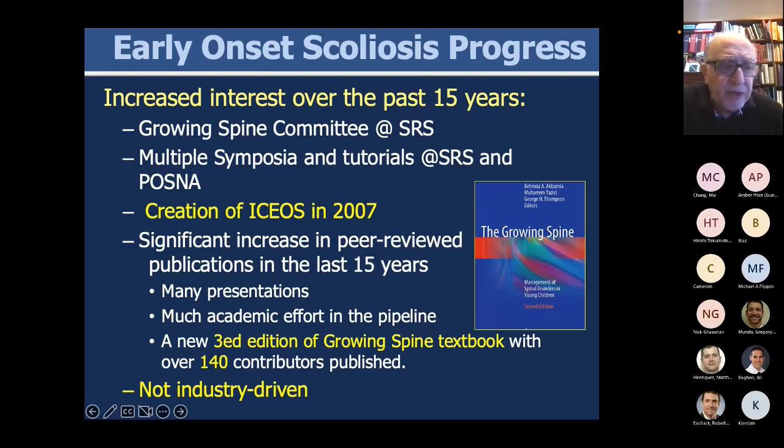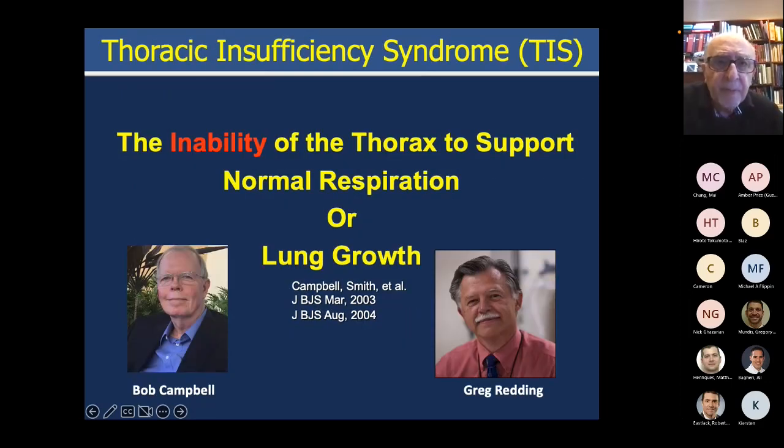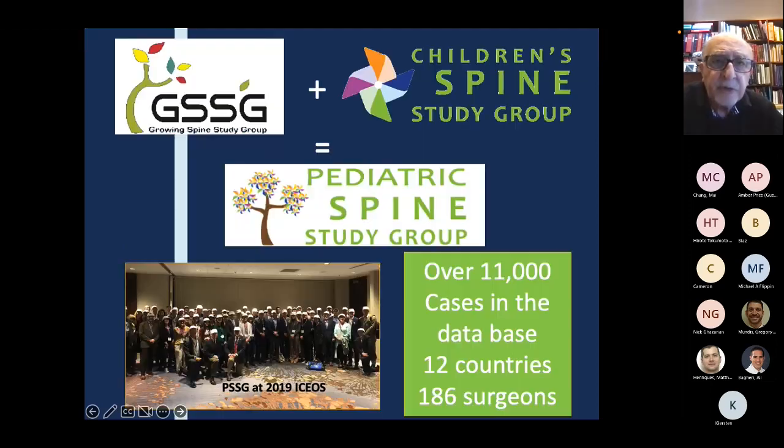It was the challenges that surgeons faced and the unmet need that brought this about. For instance, thoracic insufficiency syndrome is something Bob Campbell coined, and it told us that we should not look only at the spine, we should look at the entire patient. It's a disease where one of the features is spine scoliosis. And Greg Redding has contributed more in the area of pulmonary function.